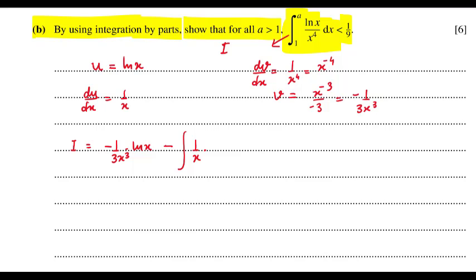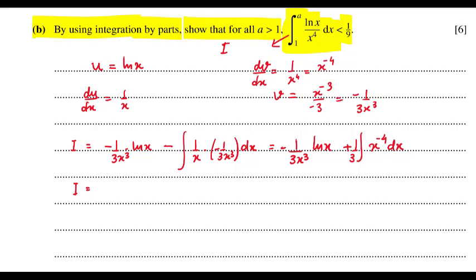V is minus 1 upon 3 x cube, and then dx. We can simplify it again: it is minus 1 over 3 x cube ln x, minus minus plus, and then it becomes 1 upon 3, I will take it outside, and x to the power minus 4 dx. So we need to integrate it again.